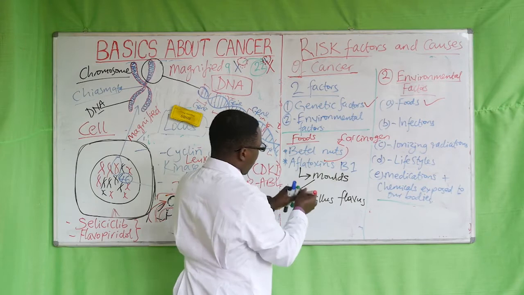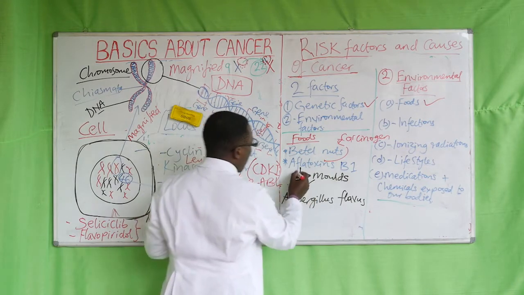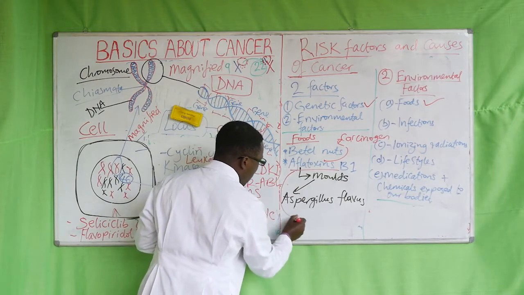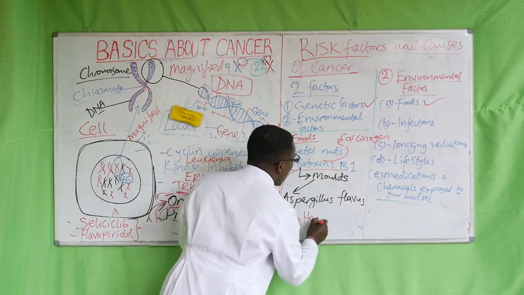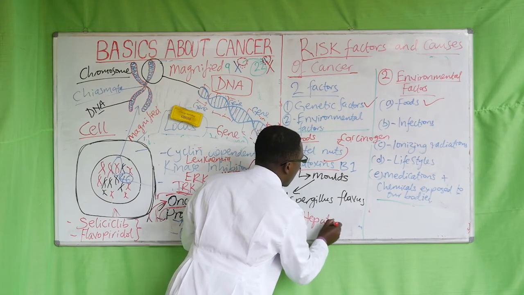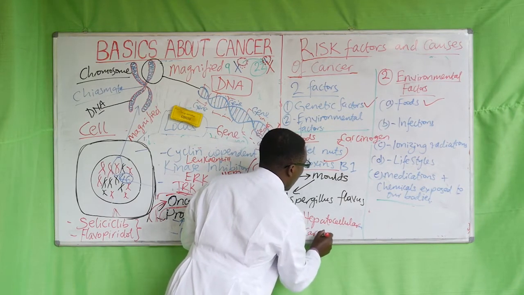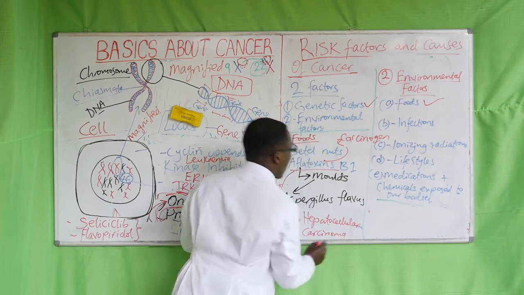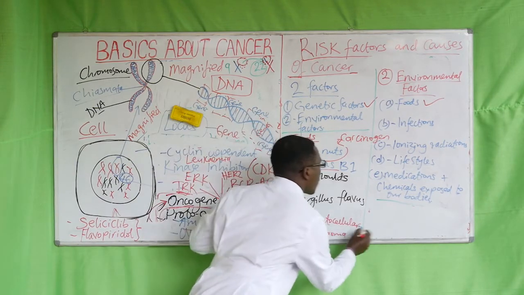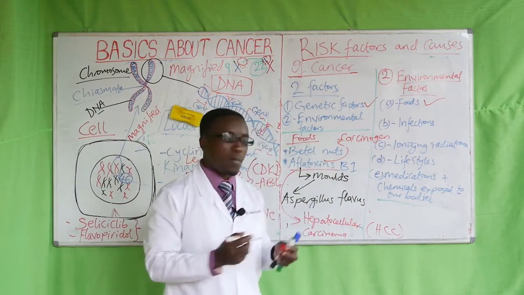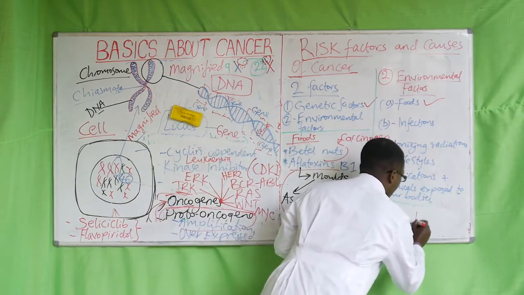So aflatoxins, like aflatoxin B, induce hepatocellular carcinoma, which is abbreviated as HCC, hepatocellular carcinoma or liver cancer.